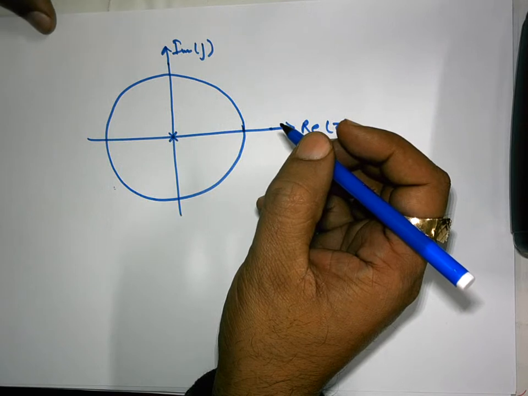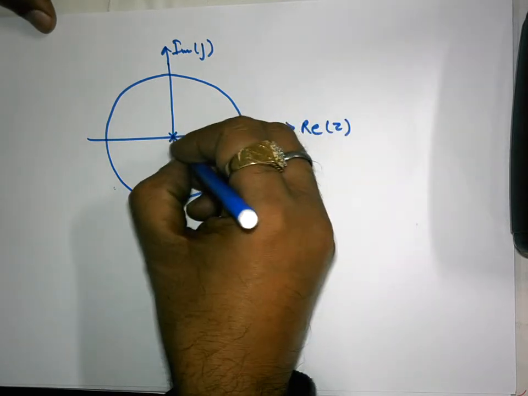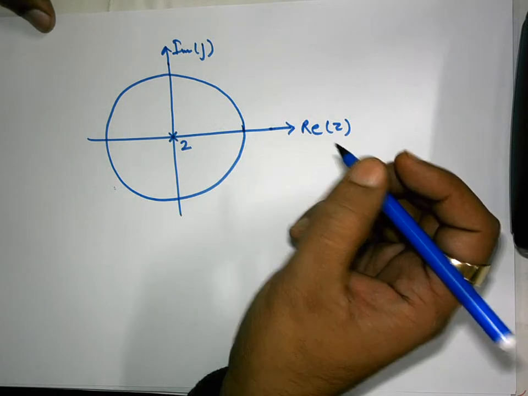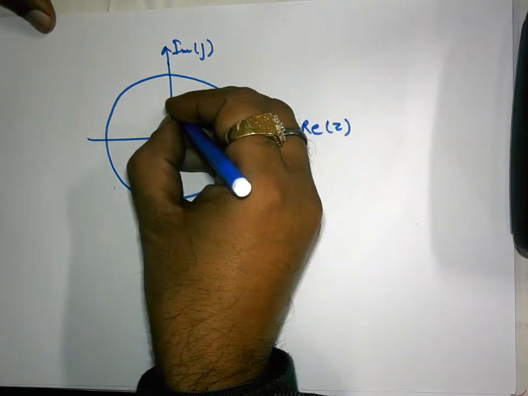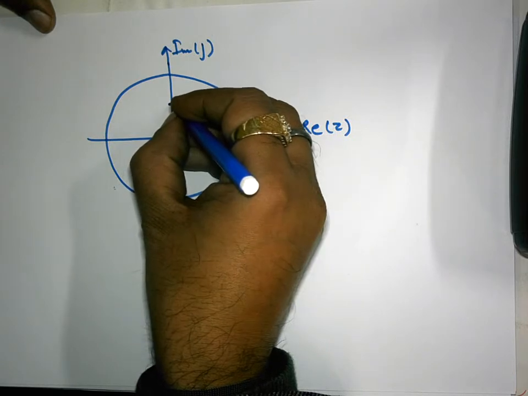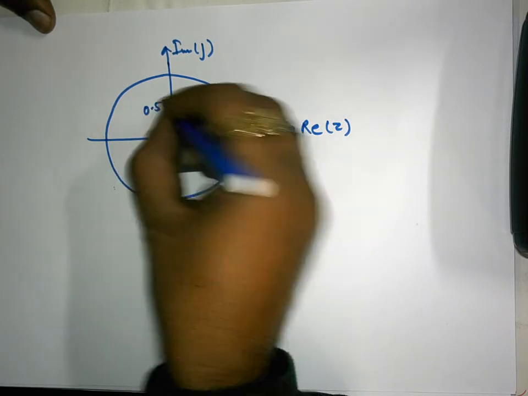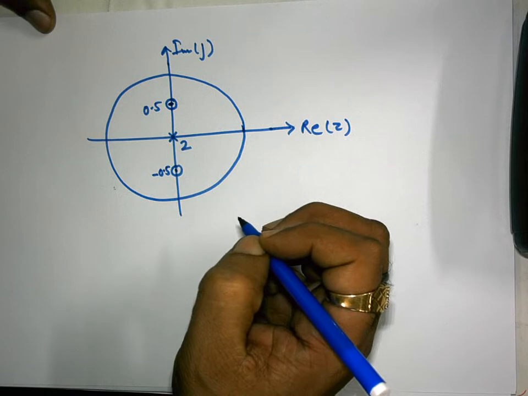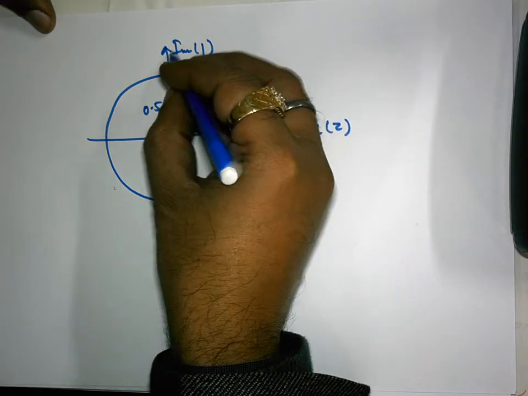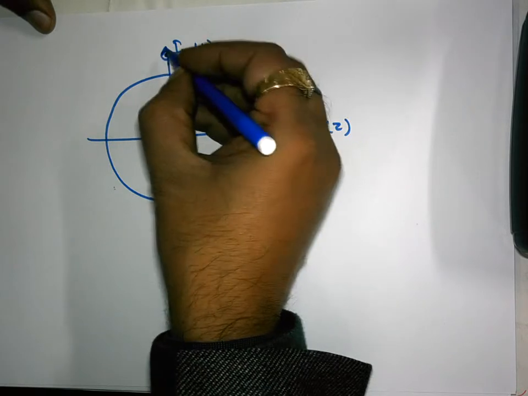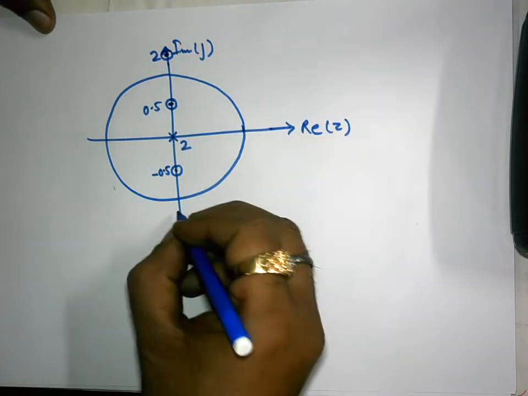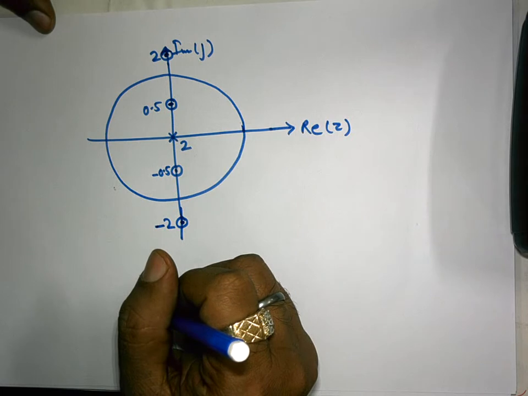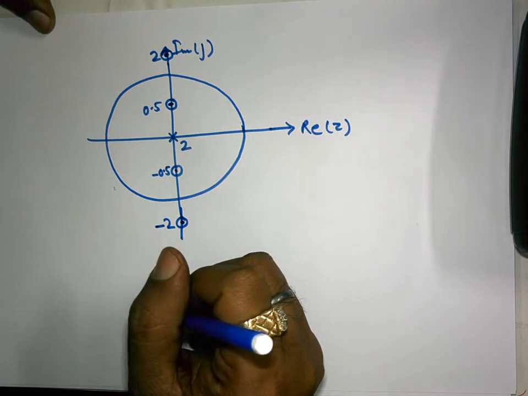There are basically two poles at the origin, and the zeros are situated at the 0.5 position and minus 0.5 position on the imaginary axis. A zero is at the 2 position on the imaginary axis, and at the minus 2 position there is another zero. So these are the pole-zero pattern.